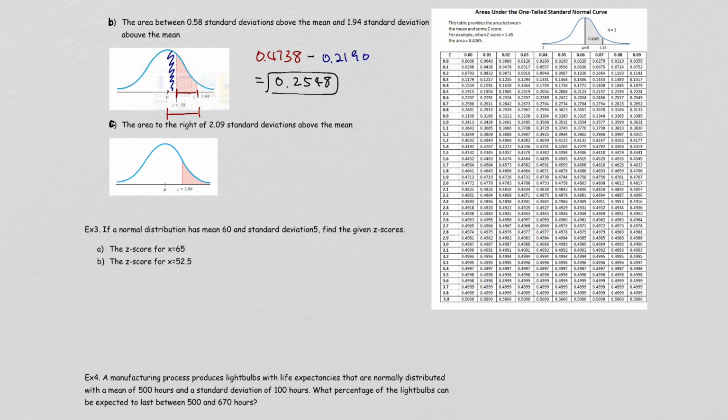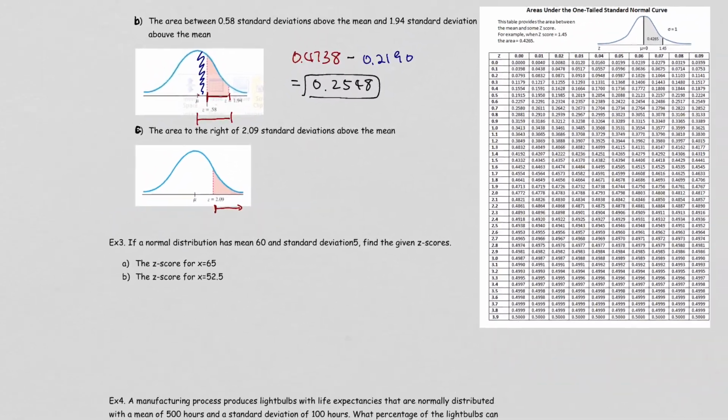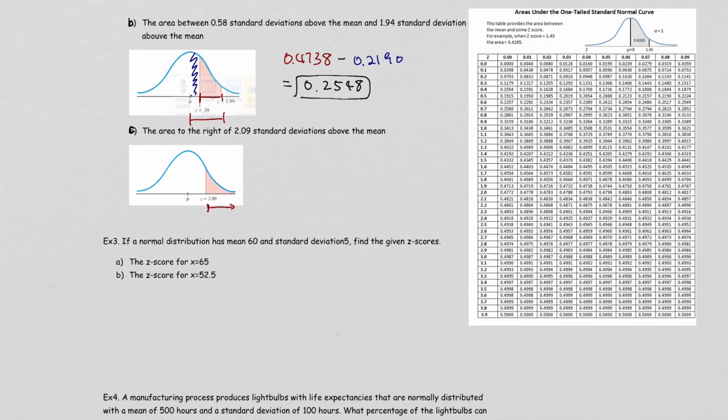What about C? This time you're looking for the area from the z-score to the right side. This chart right here is showing between the mean and the score, not the other side. We should still be able to find the other side, because remember the normal distribution? You have half and half. So let me write that down.